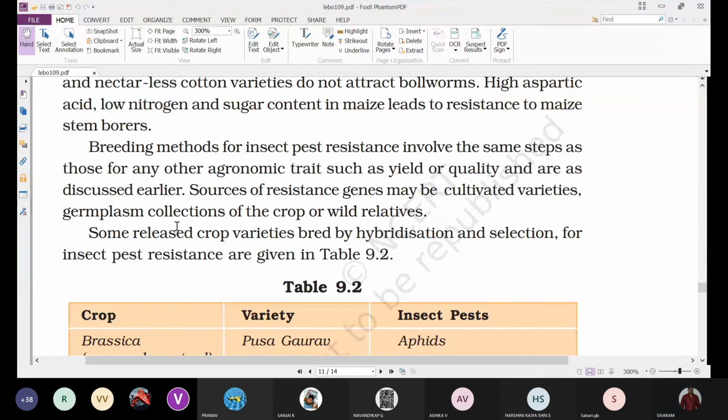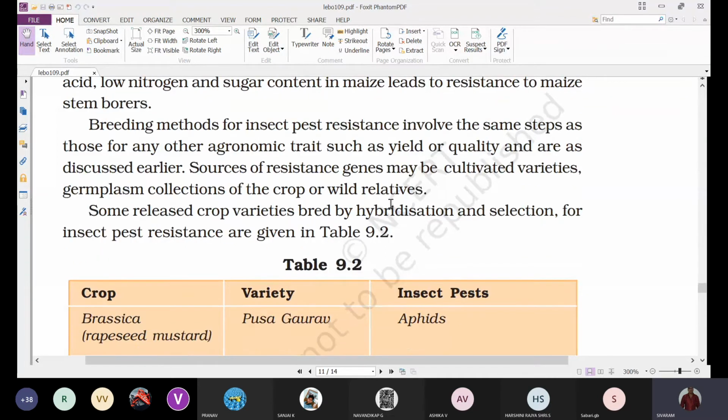Sources of resistance genes may be cultivated varieties, germplasm collections of the crop, or wild relatives. That means this resistance might be present in another crop variety, or in wild varieties, or in other species or relative species.